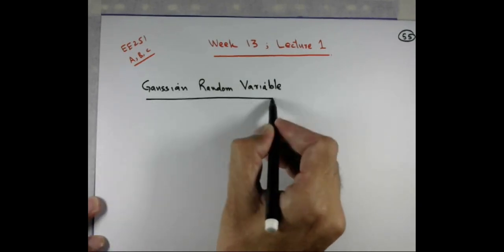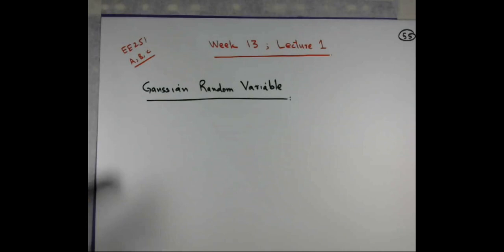This variable and this distribution is so common, so normal in science, in statistics, that it is also called the normal distribution as well, because it occurs so normally.